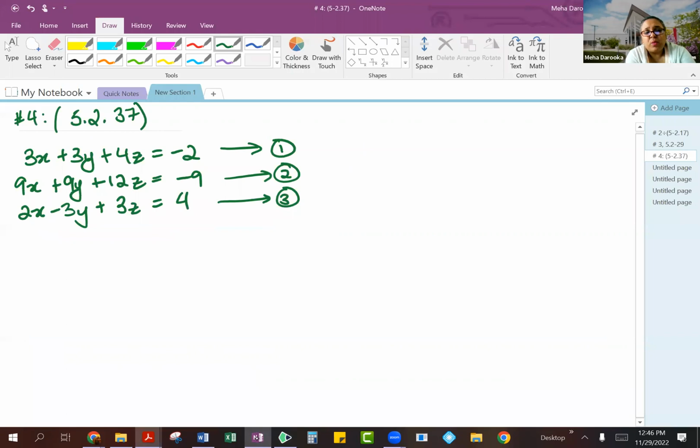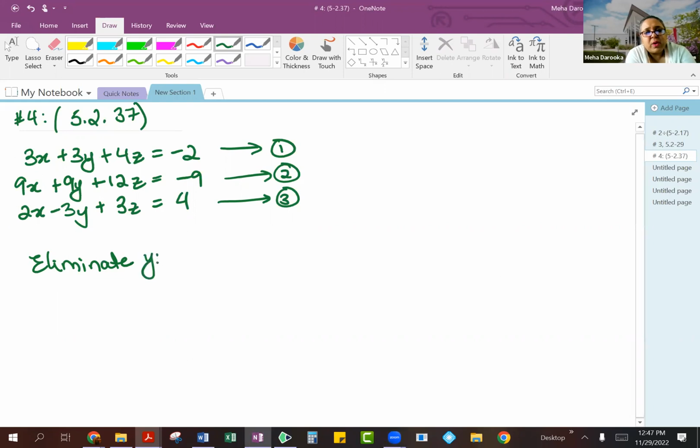So except z, what can we do if you wanted to eliminate x or y? Which one would you choose? Do you want to get rid of x, or you want to get rid of y? Which one would be easier? Okay, Della, you're saying y, so let's eliminate y.